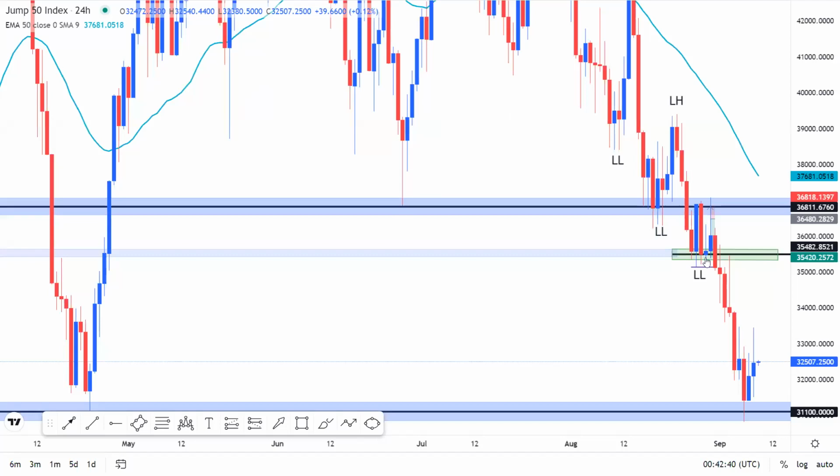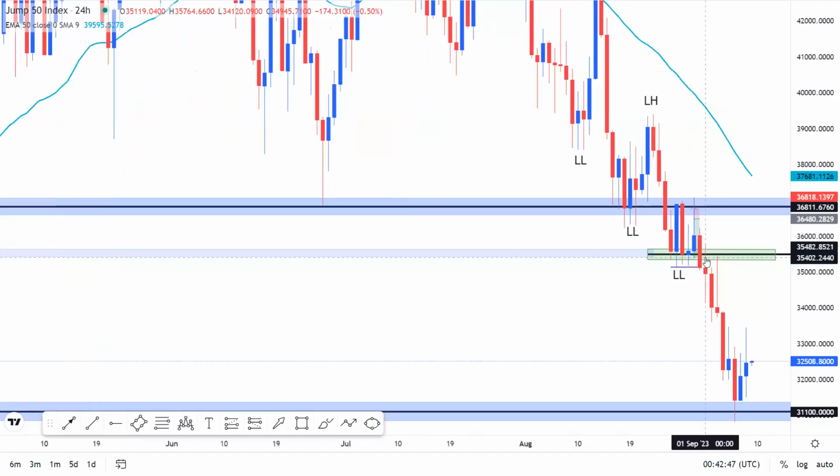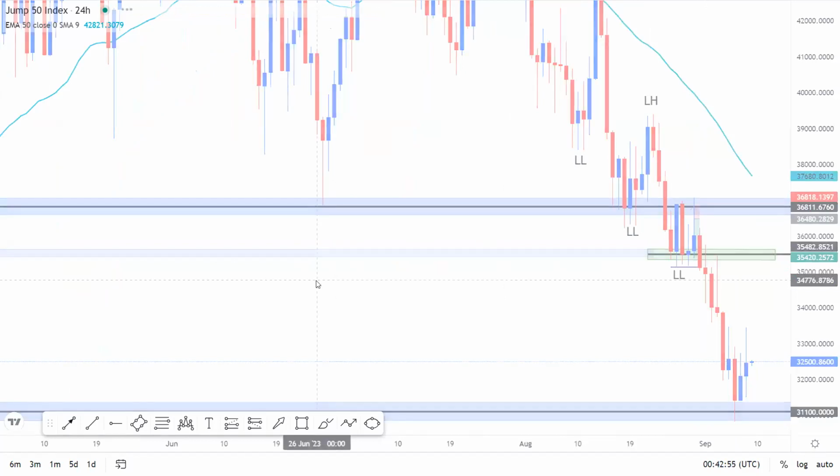Now, this week retest is where I'd scale down to the 1 hourly time frame for our entry confirmation for sell.